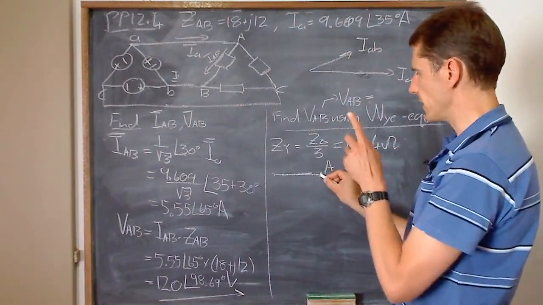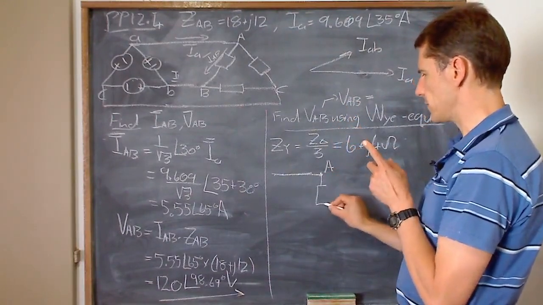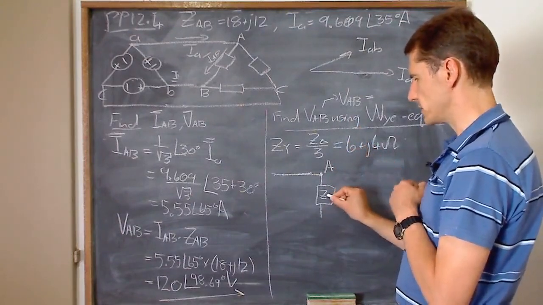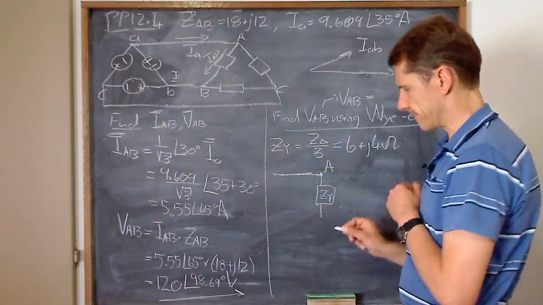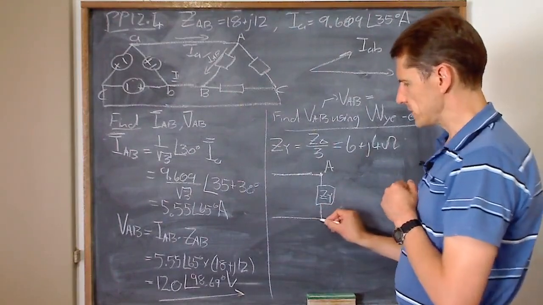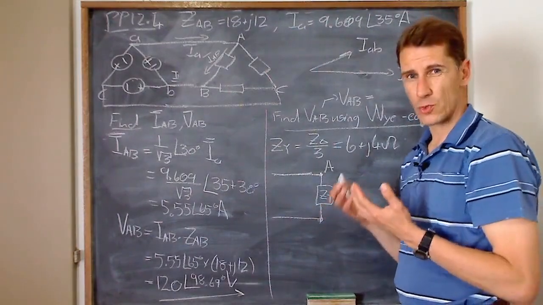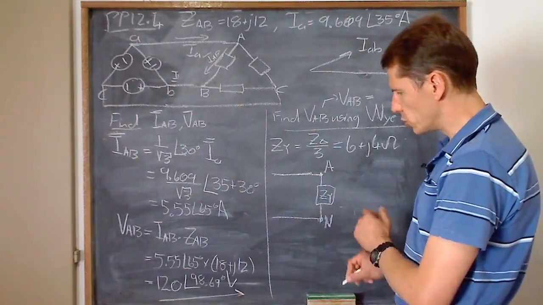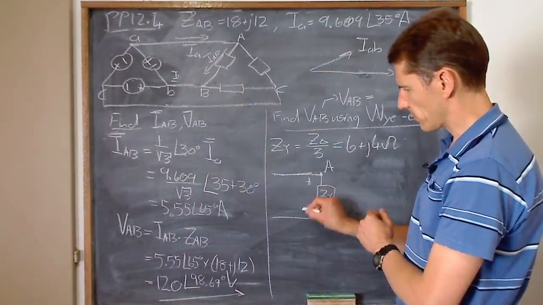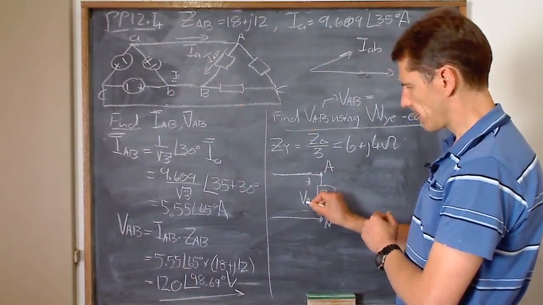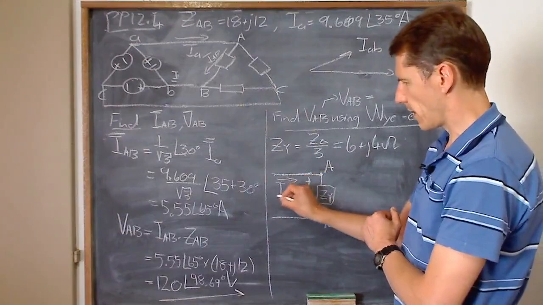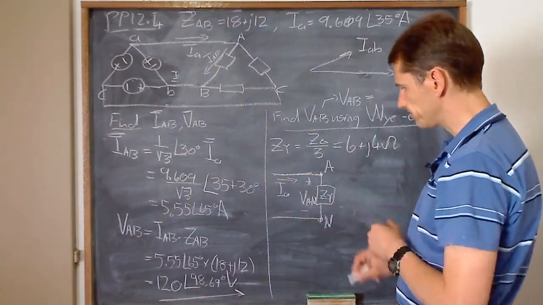Then we get to VA, then we've got an impedance. What impedance is this now? This is now my ZY value. What is at this node? Remember, it's the per phase Y equivalent. So this isn't B or C. This is now your neutral point. So that means I've got plus minus VAN sitting over there, and I still have IA coming in.